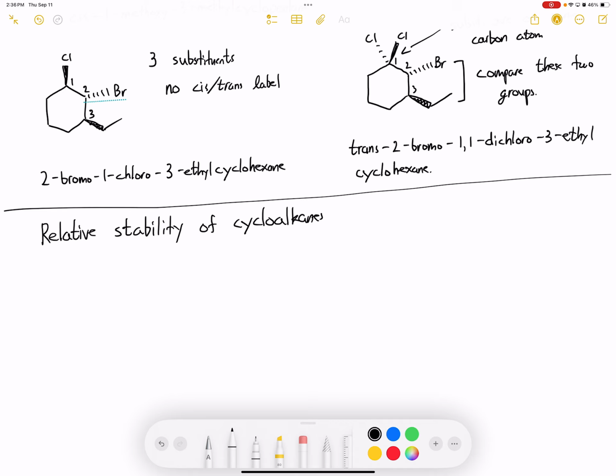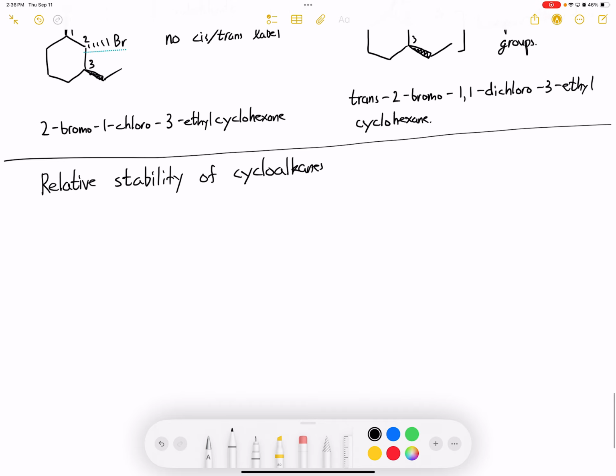The more energy you release, typically, the more reactive and unstable you are. But in terms of relative stability, we're going to look at something called strain in cycloalkanes.